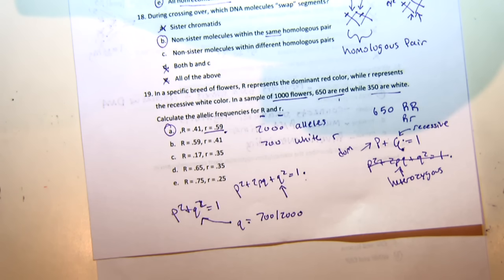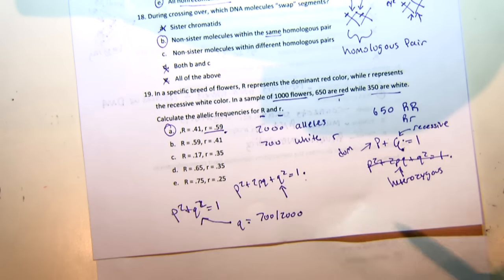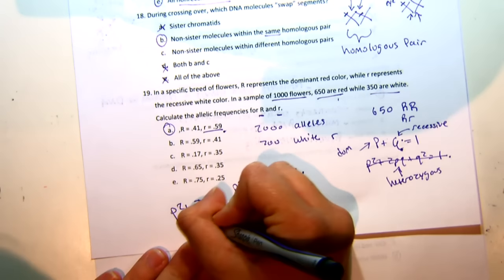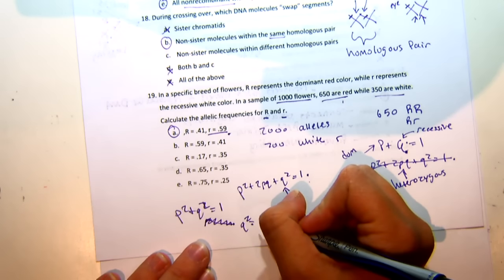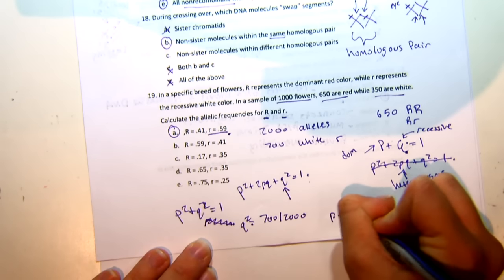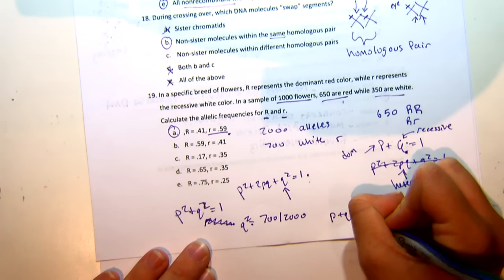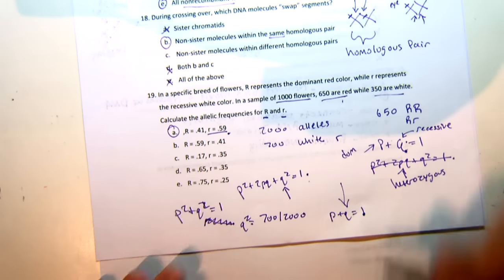Yeah, it's 0.35. So then we found q squared originally, and we used that. So this was q squared. Wait. Yeah, so then we didn't use this equation. We used the p plus q equals 1, right? Because we found q squared, and then we took the square root of it and plugged it in here to find p.